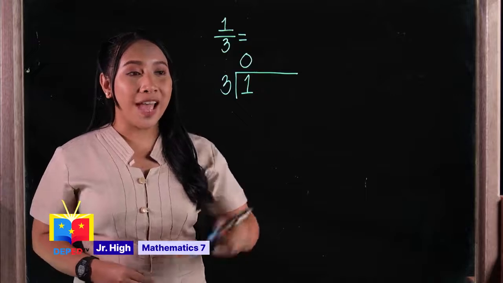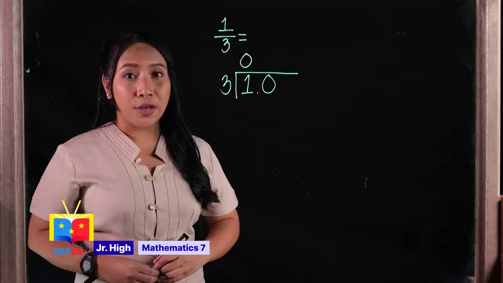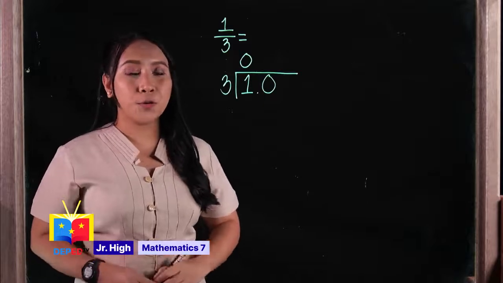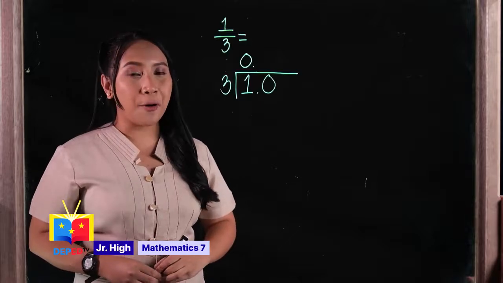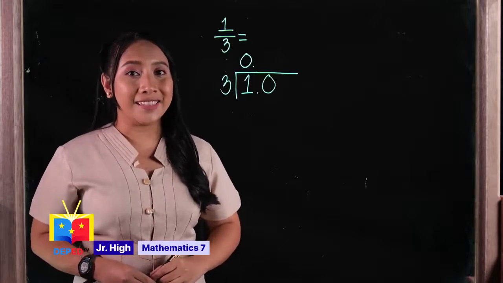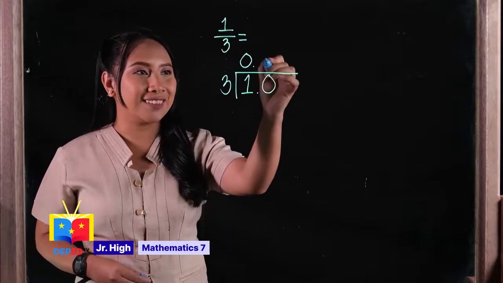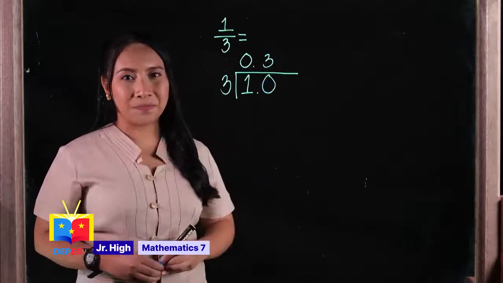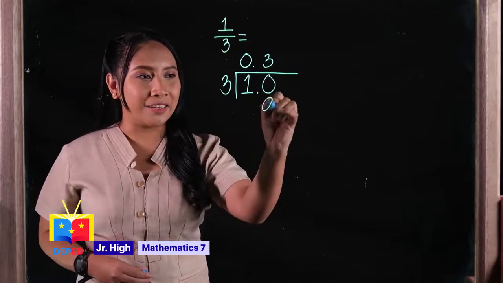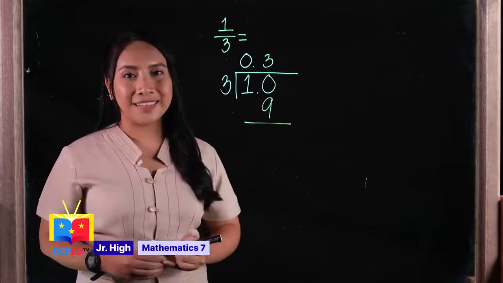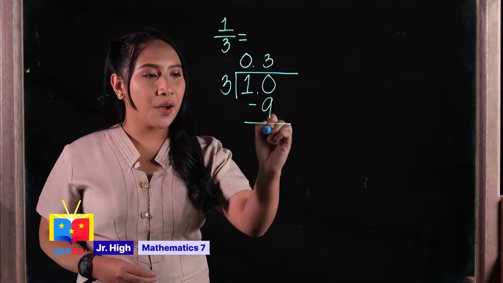And also, a decimal point here and a 0. Don't forget to also put a decimal point on the quotient. We now have 10. And 10 divided by 3 is 3. 3 times 3 is 9. 10 minus 9 is 1.